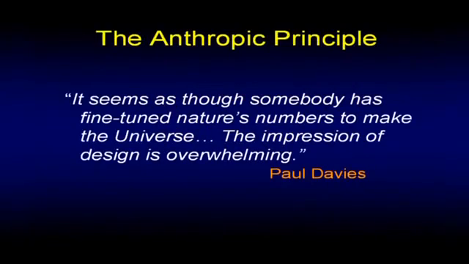Strange term. Paul Davies, the famous scientific writer, said it seems as though somebody has fine-tuned nature's numbers to make the universe. The impression of design is overwhelming. That's his conclusion. And what does he mean by that? Well, as they try to make a mathematical model of everything we know about the universe, they discover that some parameters have to be exactly where they are, or it doesn't work.